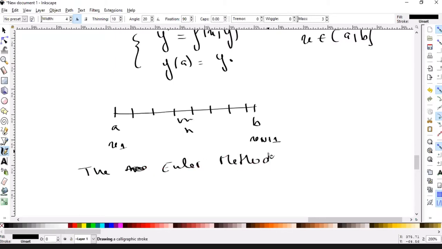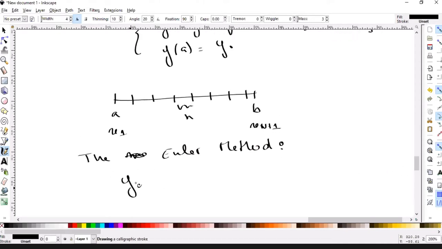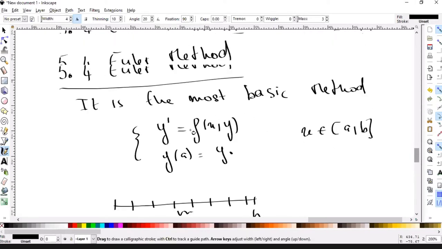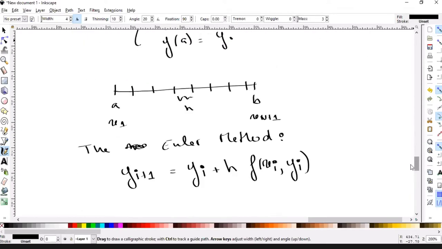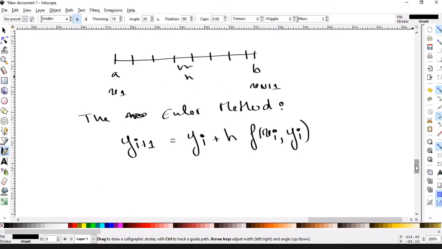It consists of finding the points yi plus 1 from the points yi by applying yi plus 1 is equal to yi plus h f of xi yi, where f is this function here, and h is the step, or the spacing between the points.